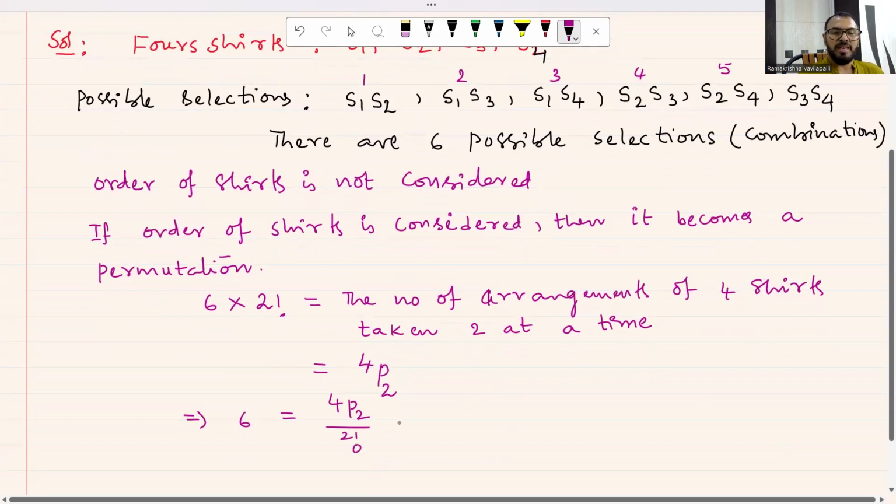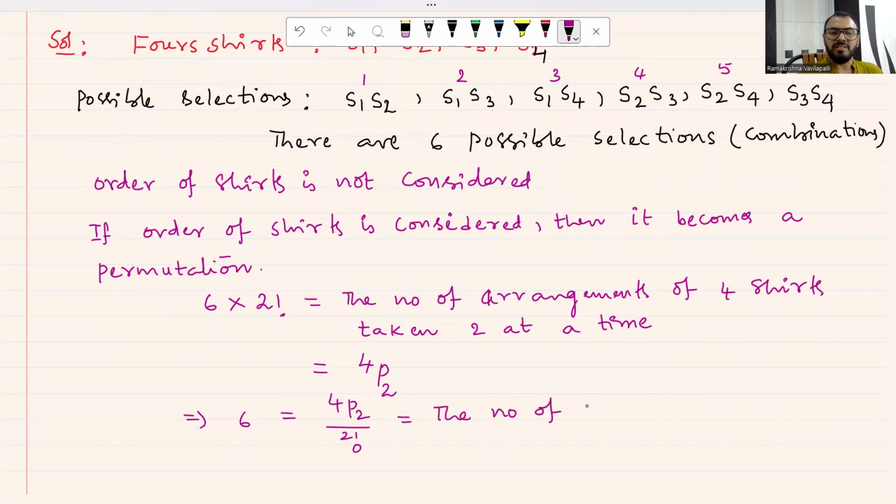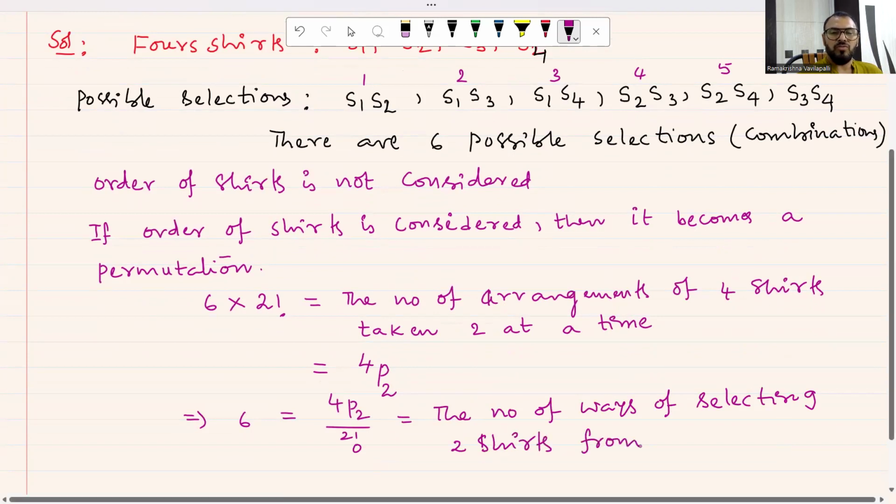So this is the number of ways of selecting 2 shirts out of 4 different shirts.